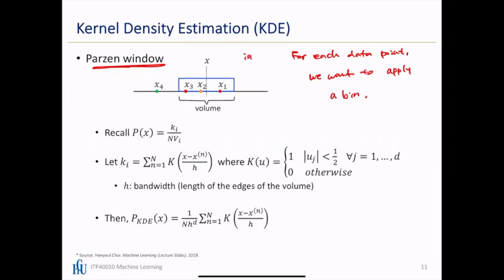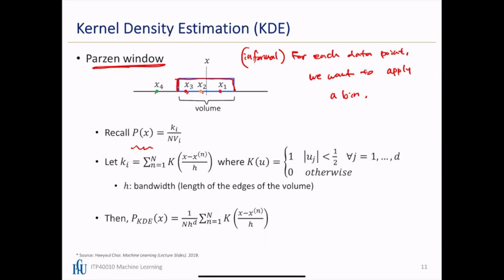So this is informal. What's happening here is we'll try to put a bin like this for every different instance that you observed from the data set. And at the end of the day, you count the number of bins that are accessible. So calculating P is simply counting the number of bins.